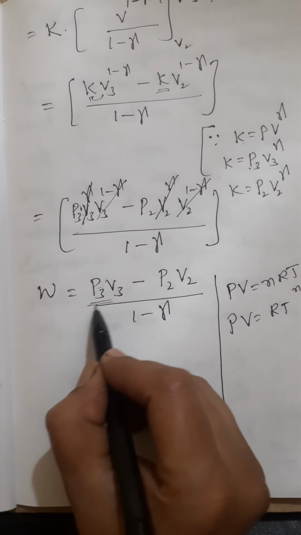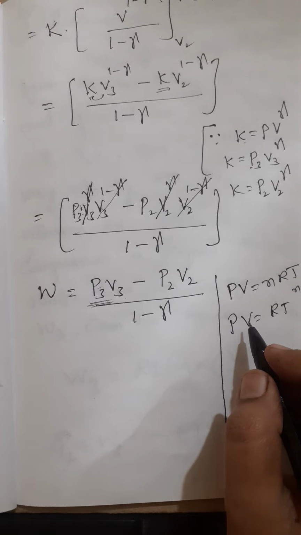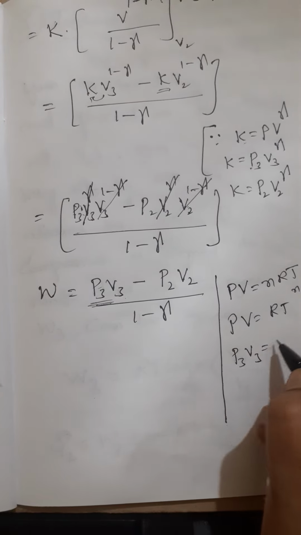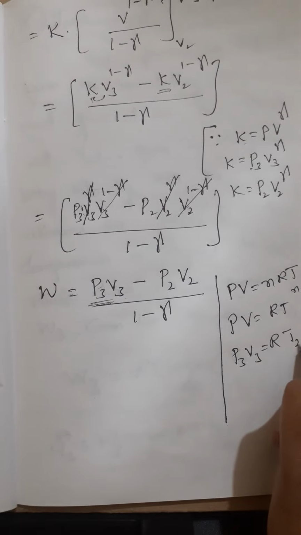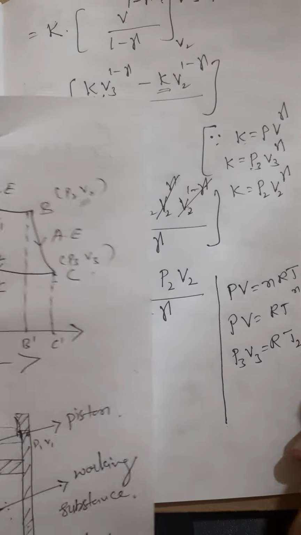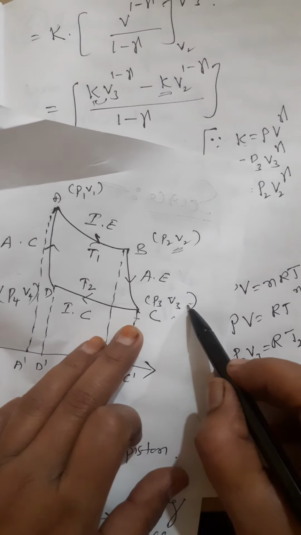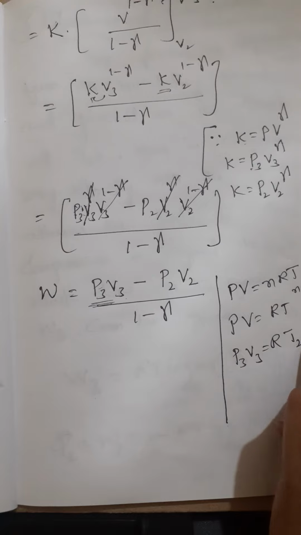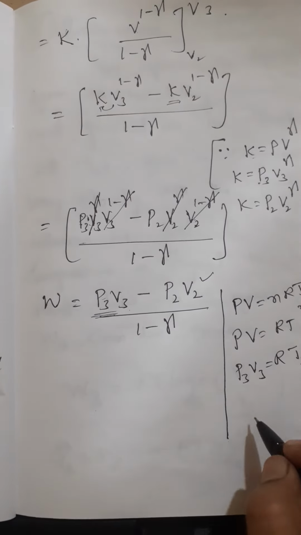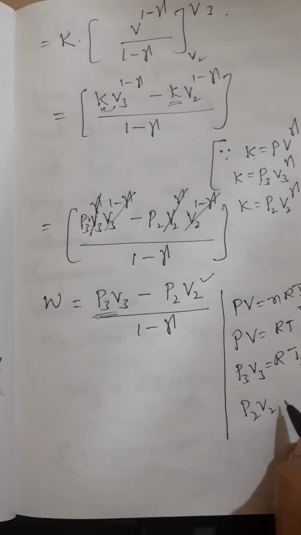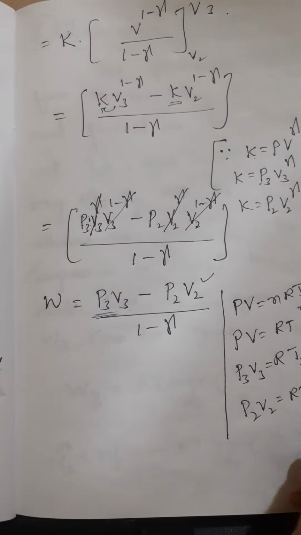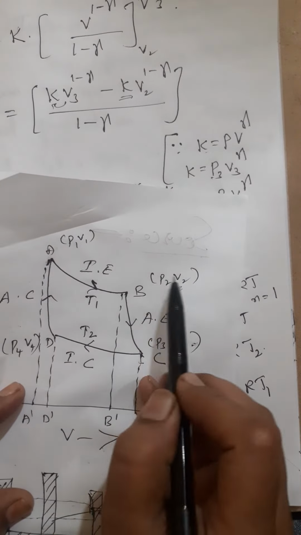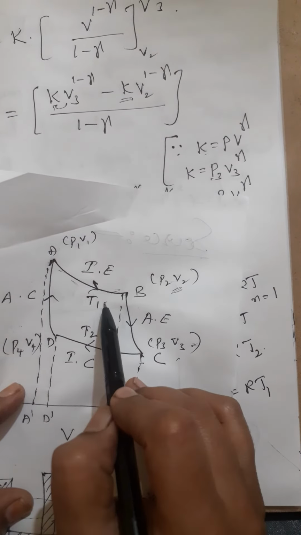Now P3V3 is equal to RT2, because P3 and V3 are at the position of temperature T2. And P2V2 will be equal to RT1, because P2V2 is at temperature T1.